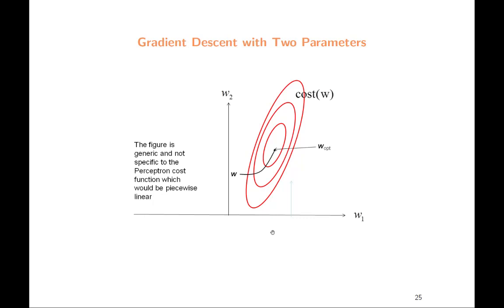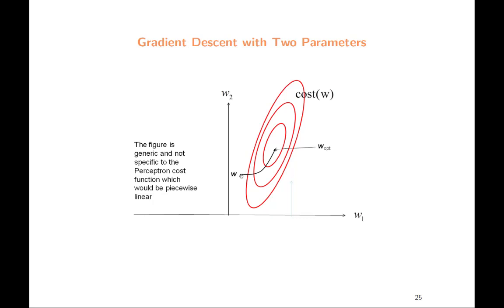So this is how it looks in 2 dimensions, also a little bit idealized. We have W1 and W2, and we start with a W vector here, and then in each step we are going. This is a cost function, and these are equal height curves of the cost function.